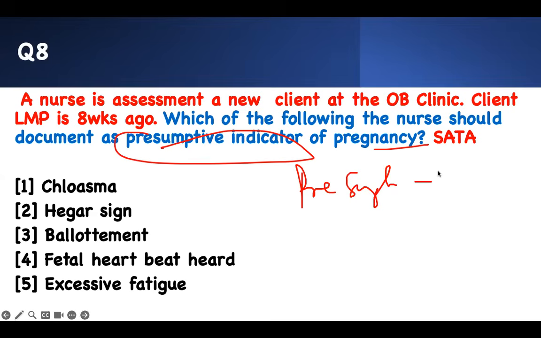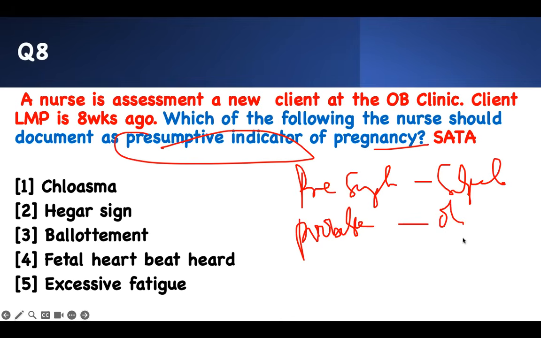This is the subjective feeling. This is what the patient is telling. The probable, maybe, is the doctor, which is the objective value. And the positive means you're using a diagnostic test, some ultrasound, to make a diagnosis. Therefore, the patient is not telling you that, you saw it, so it's probable, which is an objective value.